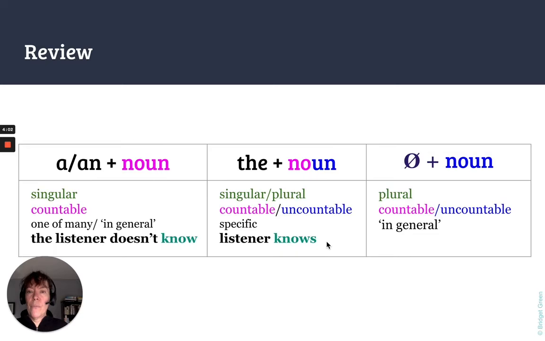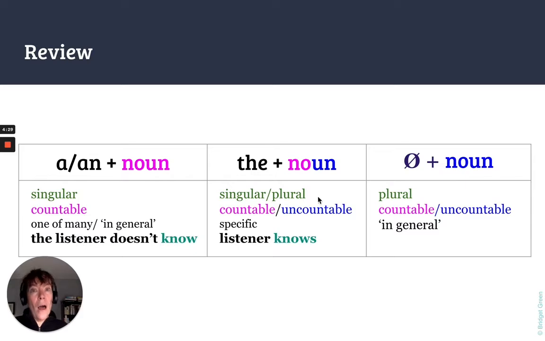Let's just review. We said that a and an go with a singular countable noun because a means one. I have a dog means one dog. So a or an always goes with something that's singular and countable. We use it to talk about one of many general things and something that the listener doesn't know about.